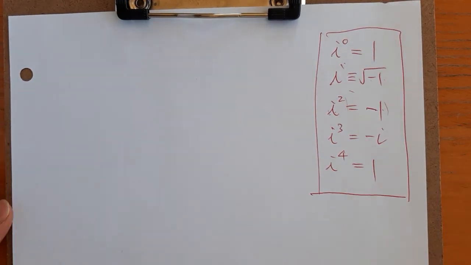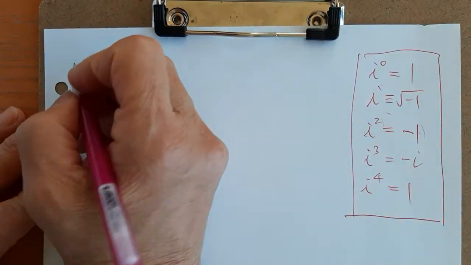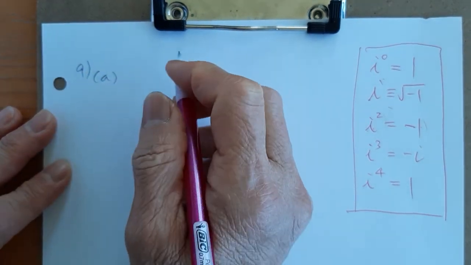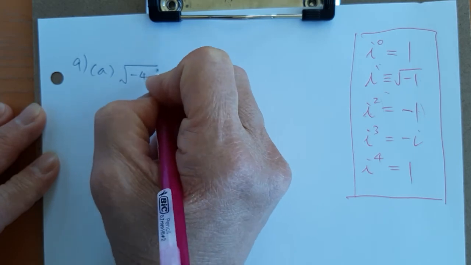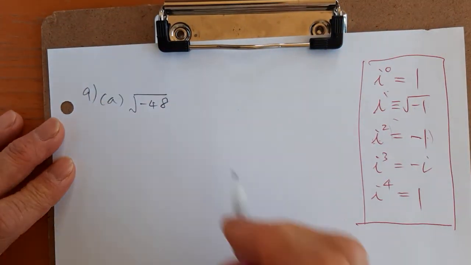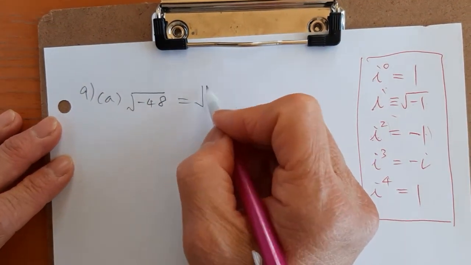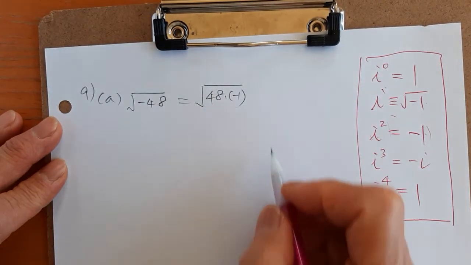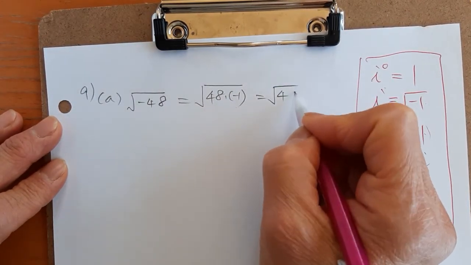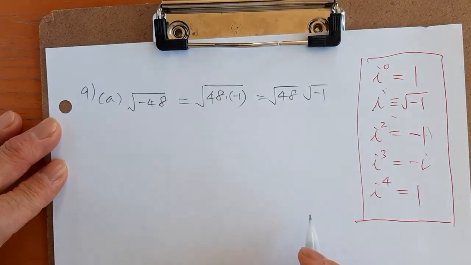So let's do question 9a. It is: simplify the square root of negative 48. That is the square root of 48 times negative 1. Then separate, it becomes the square root of 48 times the square root of negative 1.